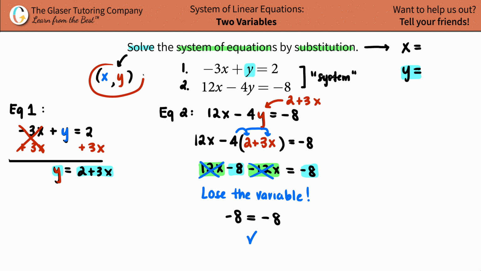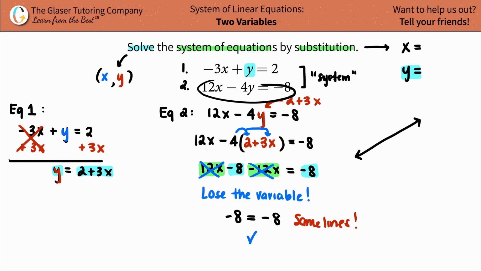So in this case, we're not actually solving for, we can't even solve for that one specific point. Because if we lose the variable and negative 8 equals negative 8, that means that this side is identical to this side. So we'll say that these are the same lines. They're identical. So if I plot one linear line, and then I plot this other linear line, guess what?